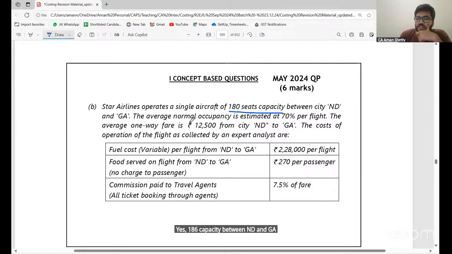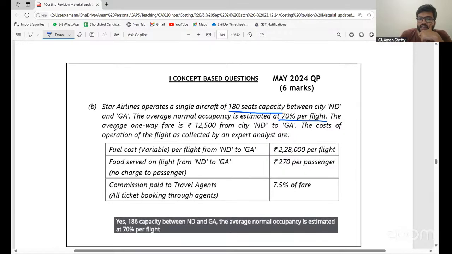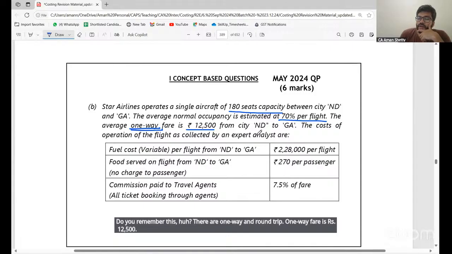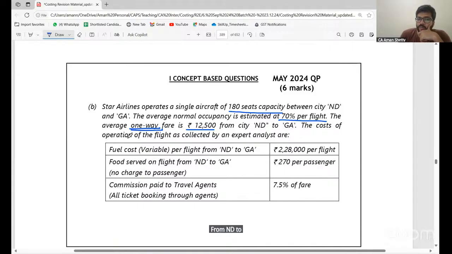The average normal occupancy is estimated at 70% per flight. The average one-way fare is rupees 12,500 from ND to GA. The costs of operation of the flight, as collected by an expert analyst, are fuel cost, variable per flight from ND to GA, is so much.